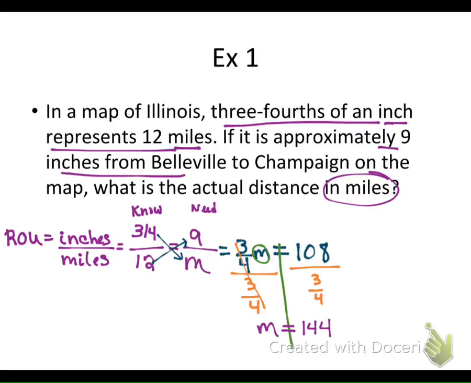So if we're dealing with a word problem, though, you're going to have to do 144 miles, because that's what we're finding. So when I go to grade your quiz on Friday and look at your worksheet, I want to make sure that you're putting the ratio of units with your answer. So if it is approximately 9 inches from Belleville to Champaign, the actual distance would be 144 miles.